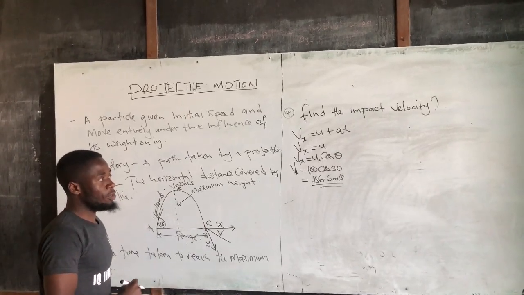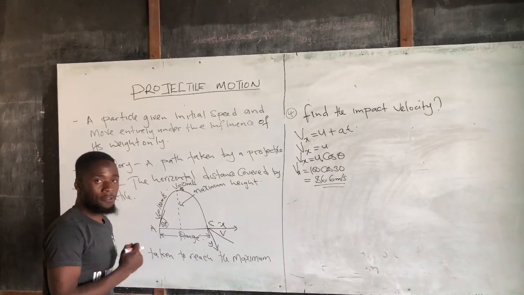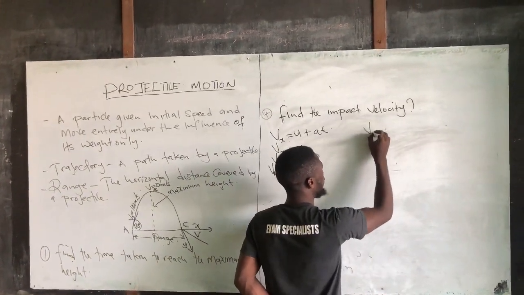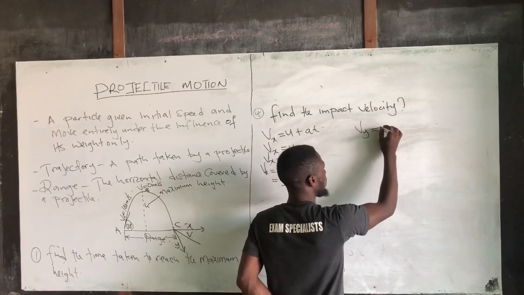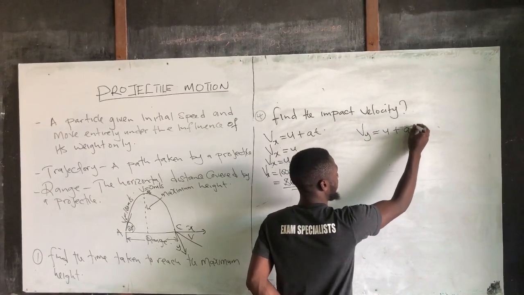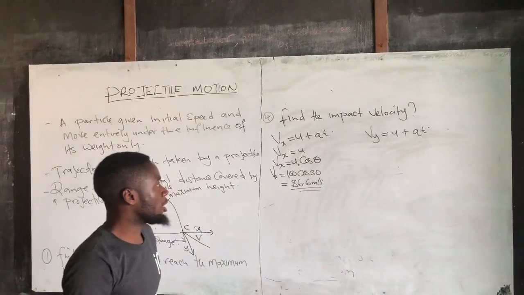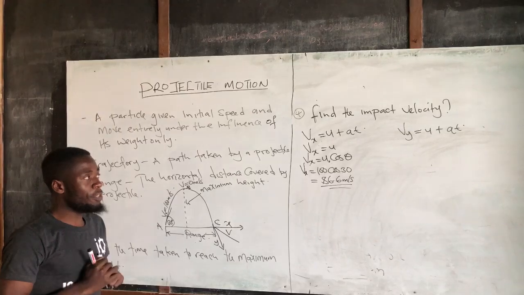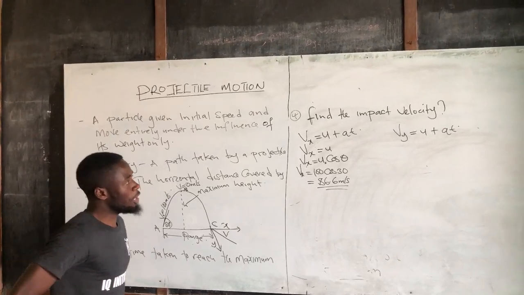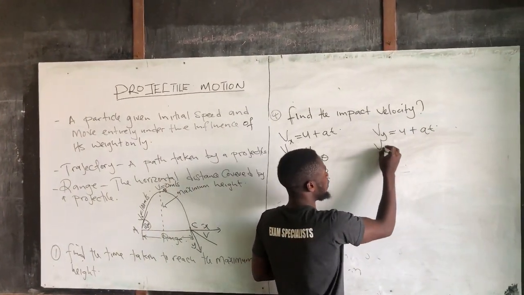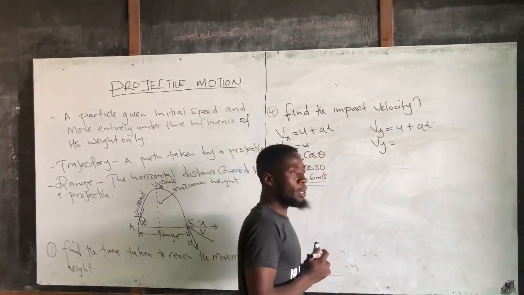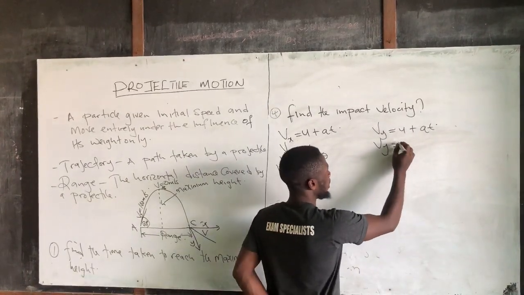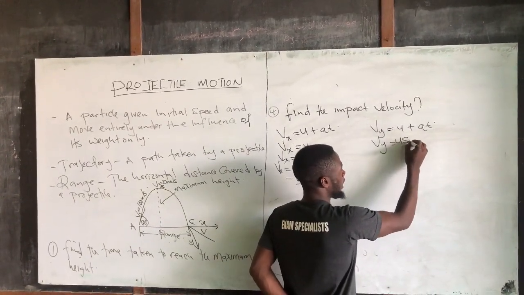Now the next thing we need to find is the Y value. How do we find it? We bring in the equation Vy is equal to U plus at. But in the vertical, there's acceleration. So Vy is equal to U initial sine theta, since the speed is given at an angle and in the vertical it is sine.